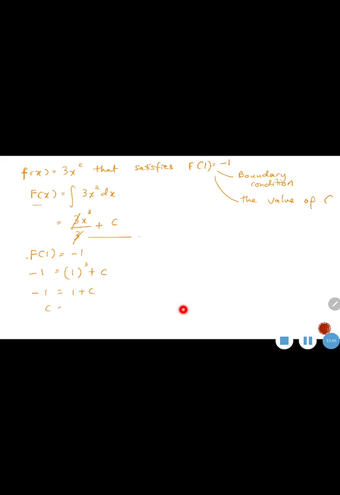So what is c? C is minus 2. So the final answer should look like this: F(x) equal to x cubed minus 2. Okay, guys?